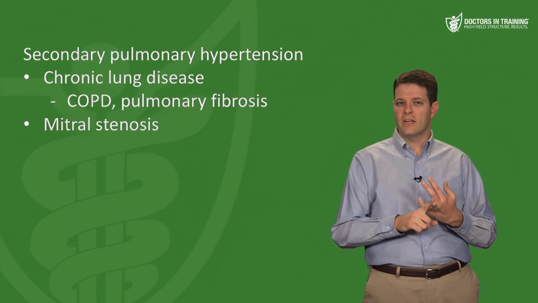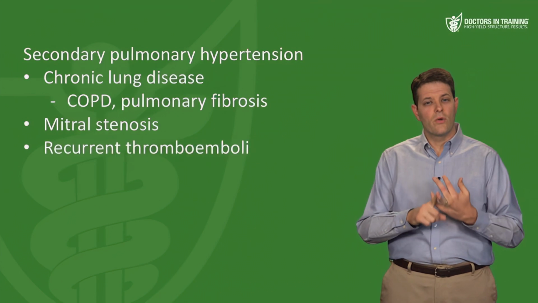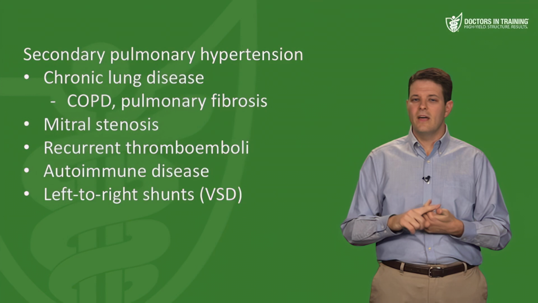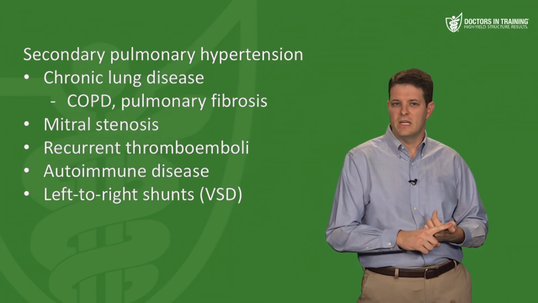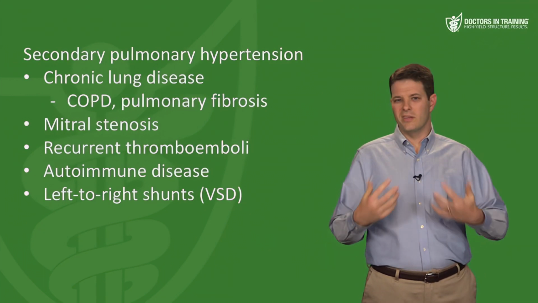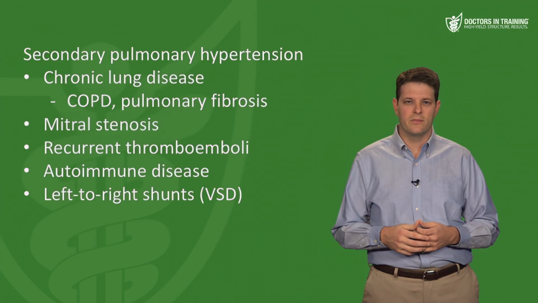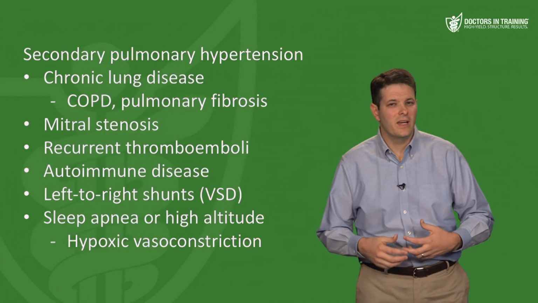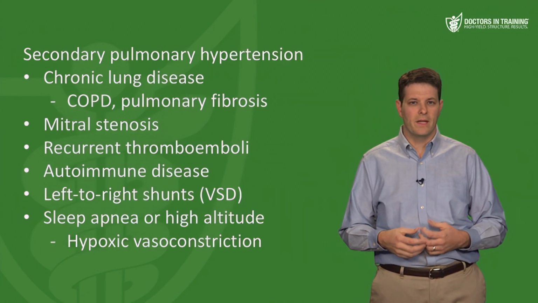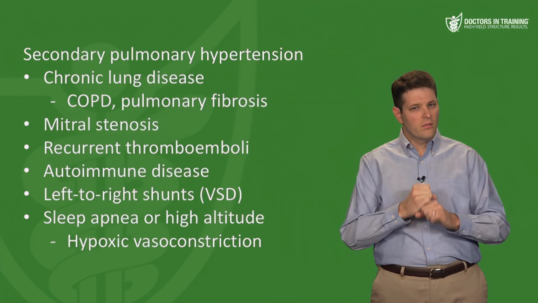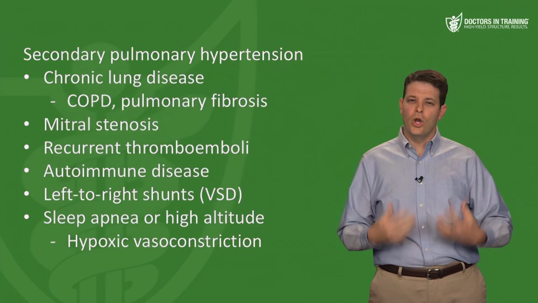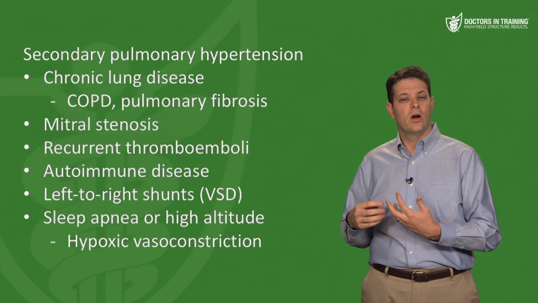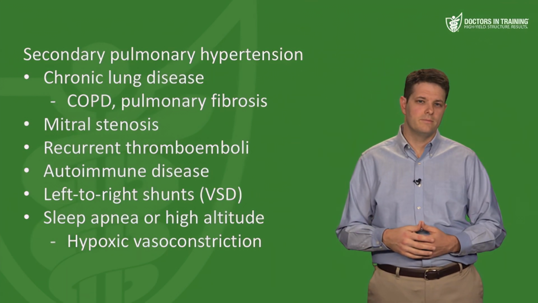A third cause of secondary pulmonary hypertension is recurrent thromboemboli. Fourth is autoimmune disease. And then also left to right shunts, like from a VSD. So the right side of the heart just isn't built to handle those higher left-sided pressures. And then finally, sleep apnea or high altitude, resulting in hypoxic vasoconstriction. Again, vasoconstriction is going to cause pulmonary hypertension. So know those different causes of secondary pulmonary hypertension and know what fundamentally causes primary pulmonary hypertension.